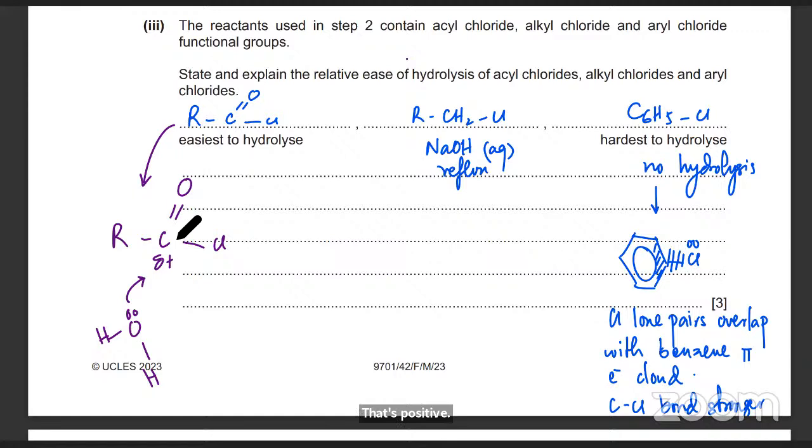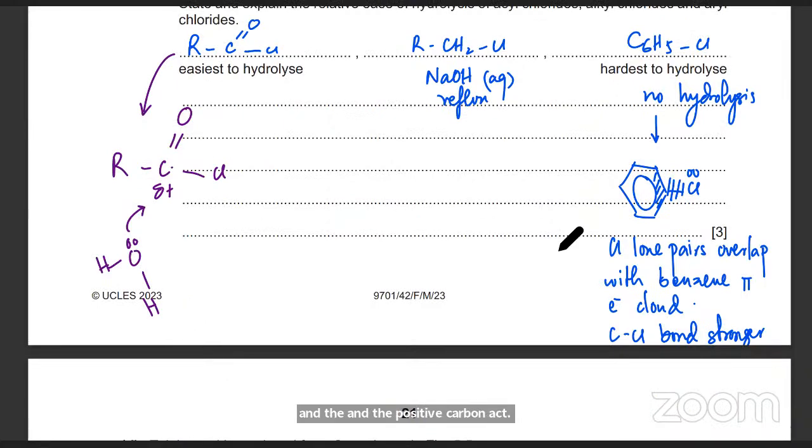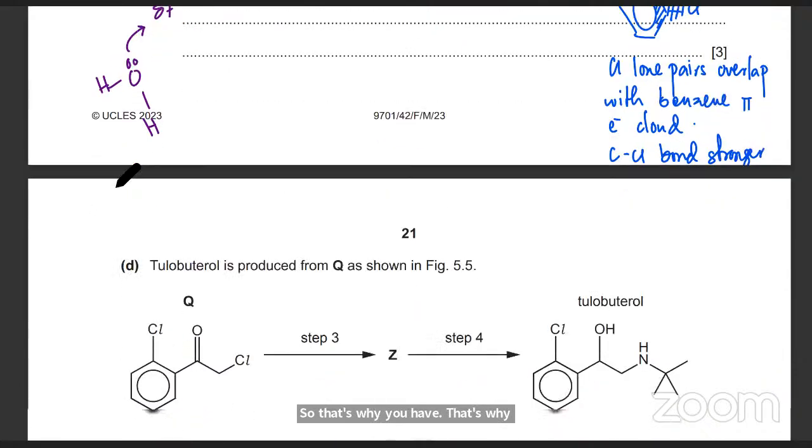So you're going to talk about that the carbon has a very strong slight positive charge density. There are two electronegative atoms attached to it, oxygen and Cl, which produce a very strong positive charge. So there's strong attraction between the nucleophile and the positive carbon atom. So that's why hydrolysis is easy in this case.